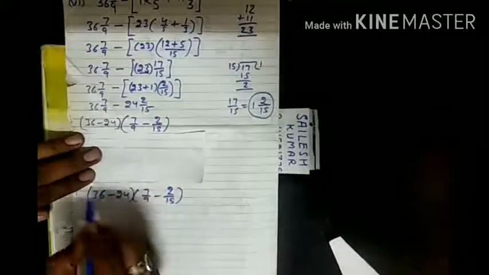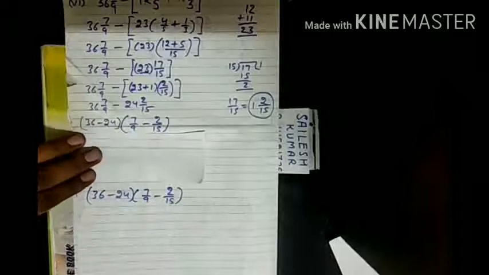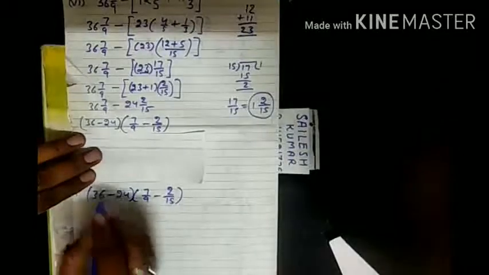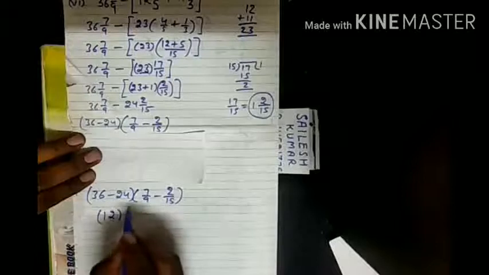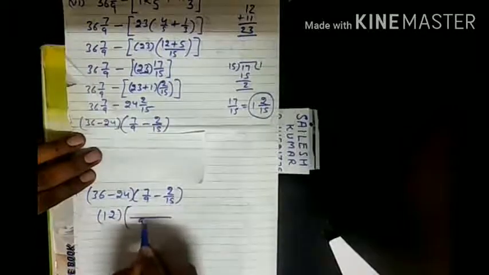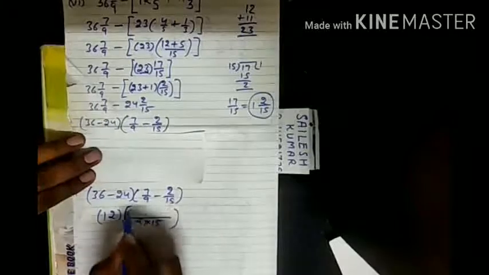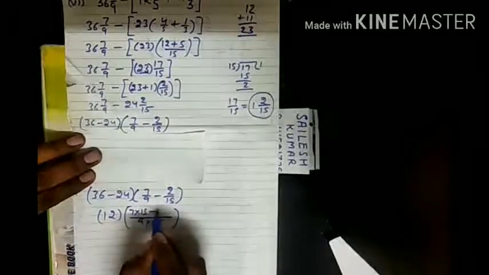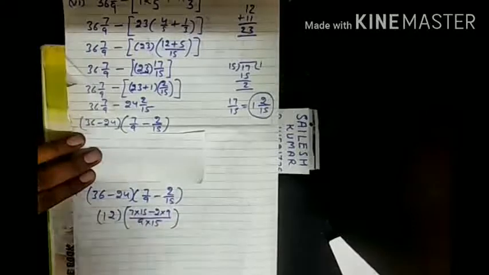Here 36 minus 24, 6 minus 4 is 2, and 3 minus 2 is 1, that is 12. Now here we will apply cross multiplication. 9 multiply 15 and 7 multiply 15 and 2 multiply 9.